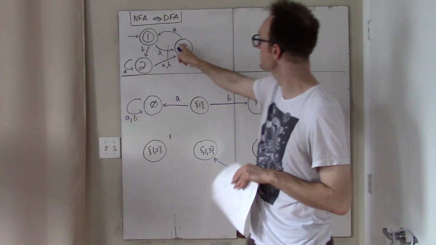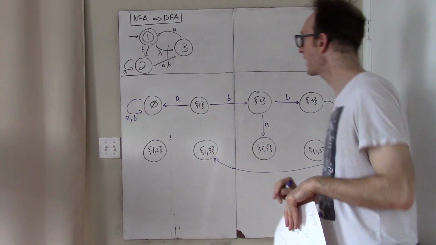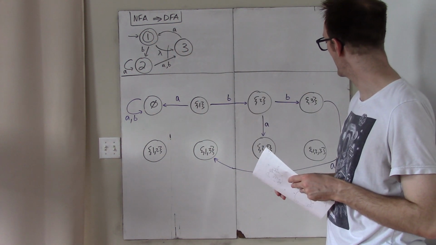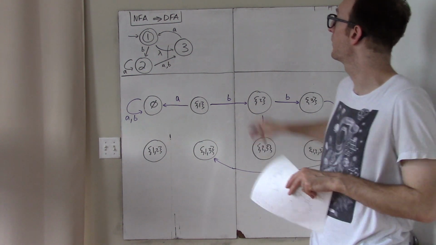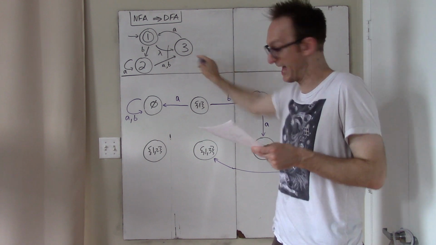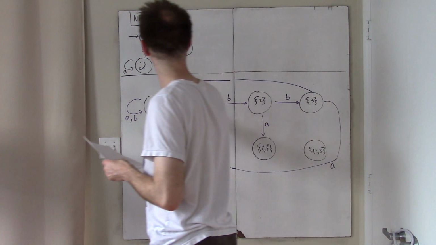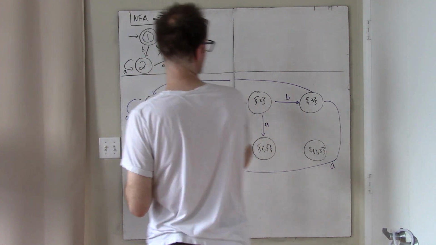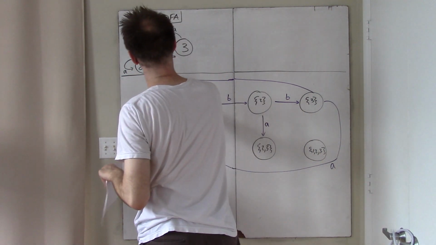If you're in state 3 and you read an A, you go to 1, but also to 3. Okay, good. What about if I'm in state 3 and I read a B? Well, there's no rule for that, and since there's no rule for that, I transition away to my garbage state. That's what I do if I read a B.